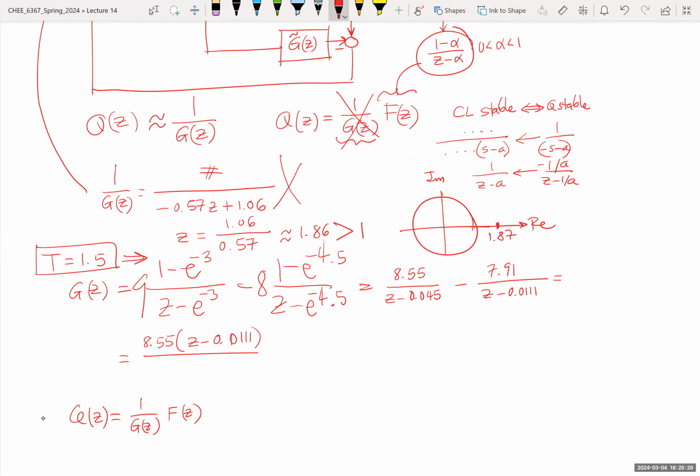And if I put these two together, it's going to be 8.55 z minus 0.01 divided by z minus 0.05 minus, so minus 7.91 z minus 0.045. And the denominator is going to be z square minus 0.045 plus, it was 449, you said, right?